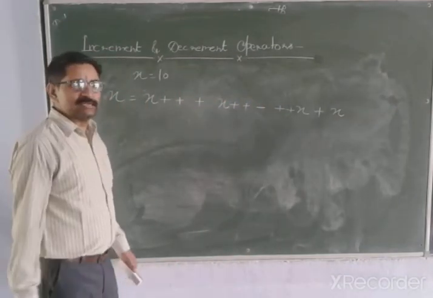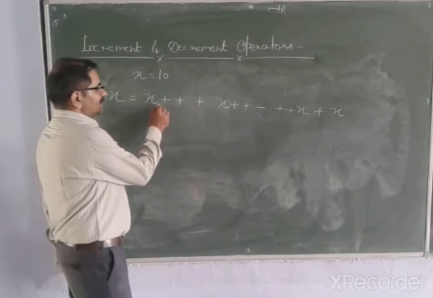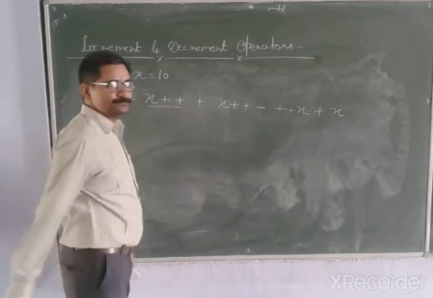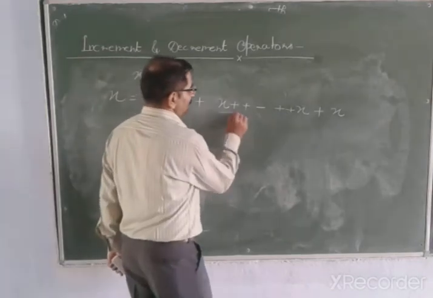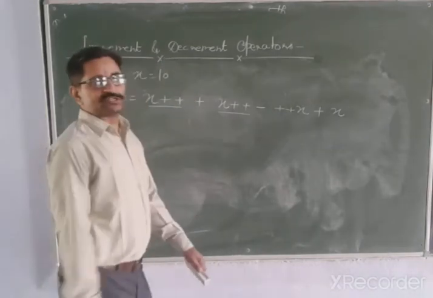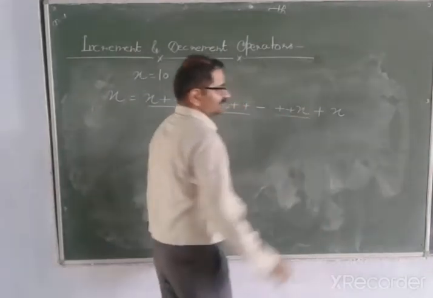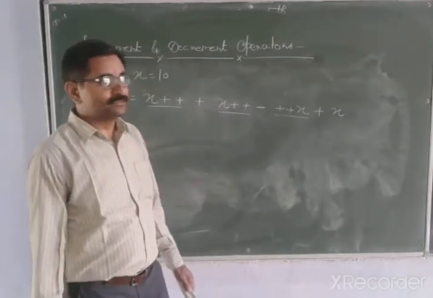So here you can see x plus plus, this is post increment, again x plus plus, this is post increment, here plus plus x, this is pre increment.